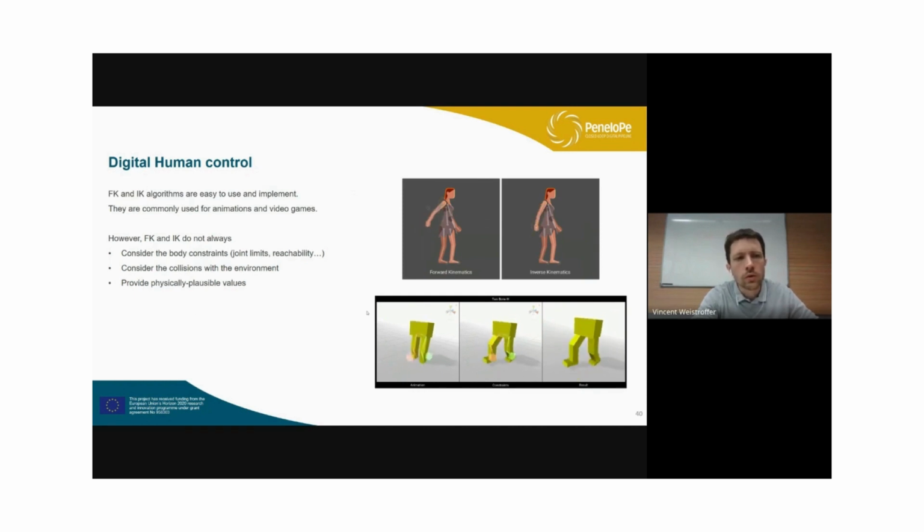It does not always consider the collisions with the environment either. Mainly, all these drawbacks can be summarized by saying that inverse kinematics does not provide physically plausible values. So it's mainly used for animations, but it will not give you physics-consistent values.